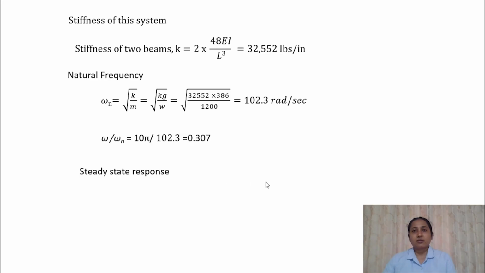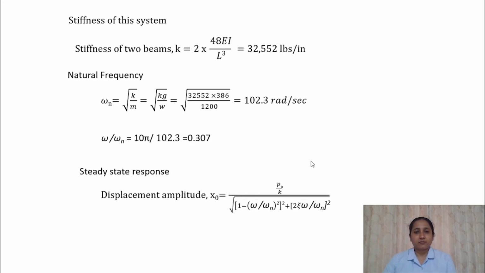So let's calculate the steady state response now. We know the displacement amplitude for damped systems is P0 by K divided by square root of (1 minus frequency ratio squared), the whole squared, plus (2 zeta times frequency ratio) the whole squared. So we can just substitute all these values.